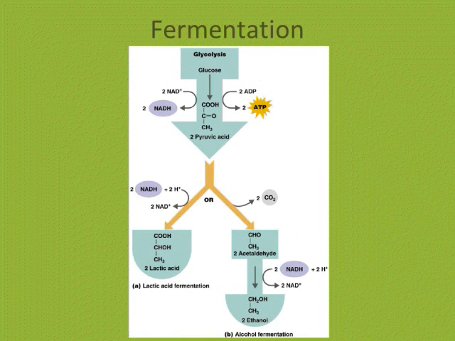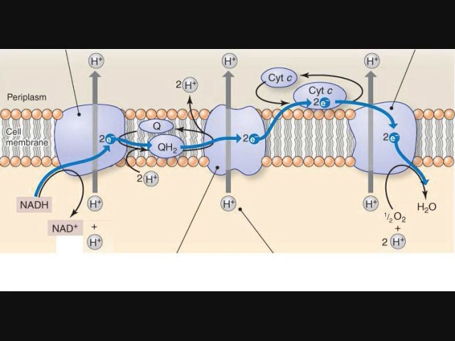Electrons from glycolysis and the Krebs cycle are carried via FADH2 and NADH into the electron transport chain. Here, electrons from NADH are carried to protein complexes containing flavoproteins and iron or sulfur, which rotate between oxidative and reductive states to carry electrons.